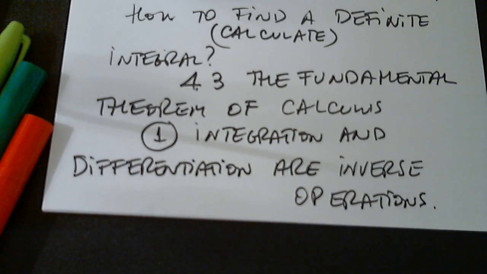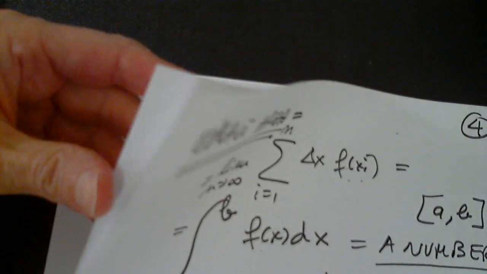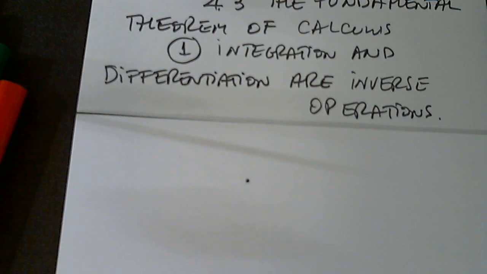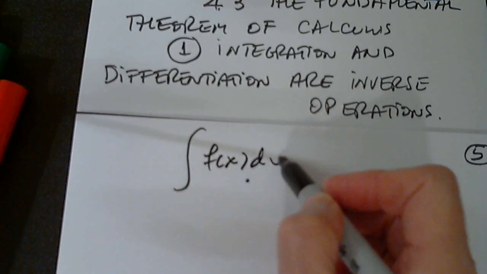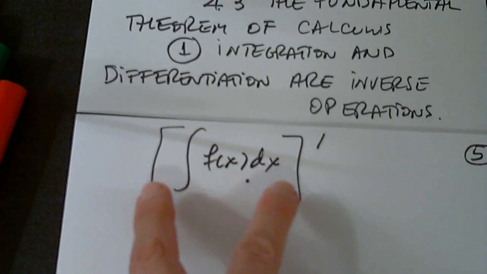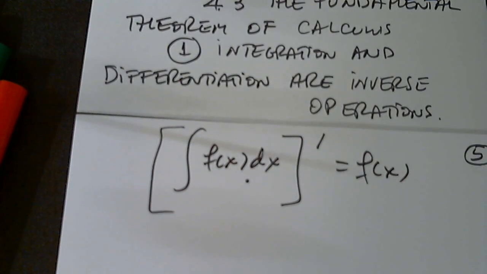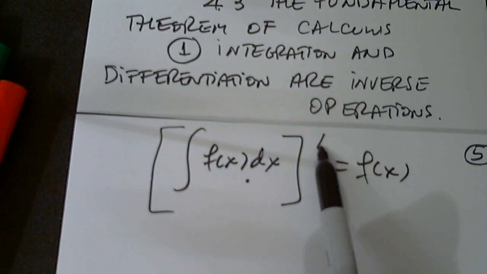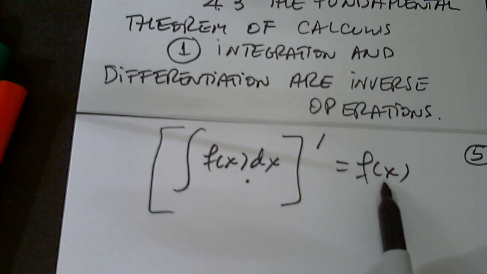This is extremely important to remember. What does it mean? It means that if I differentiate an integral, this is a very important concept. So if I have the integral of f of x dx and I decide to differentiate it, this operation cancels this operation and I get the function back, because differentiation and integration are inverse operations.